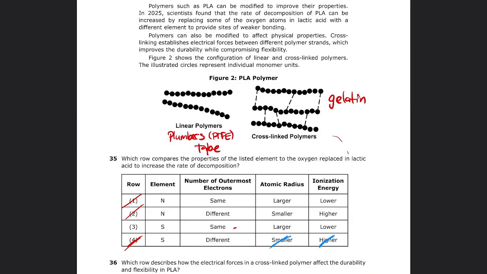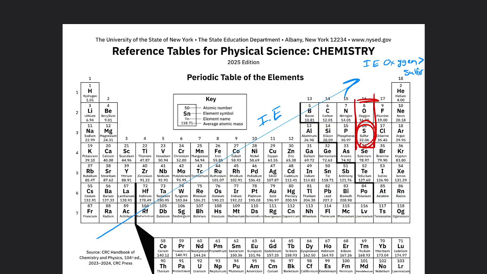Okay, as for nitrogen, nitrogen has different valence electrons, so we can eliminate choice 1 because of that merit. The atomic radius is going to be larger for nitrogen.